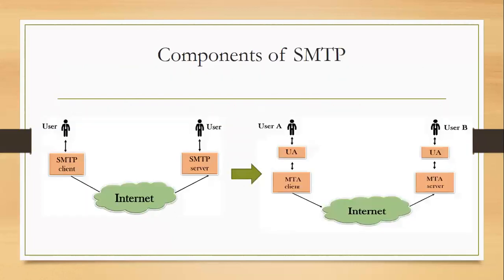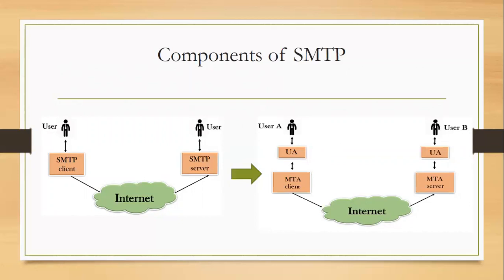Firstly, I am showing you, with the help of a diagram, that once a message is created, user 1 wants to send a request to user 2 at the server end, right? At the client side, it is split into two parts, that is the user agent and the mail transfer agent. The user agent creates a single message that helps to communicate with user 2, right?